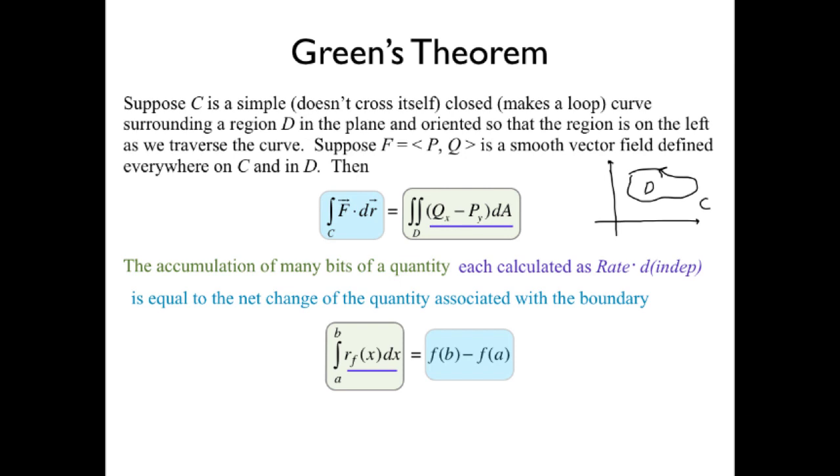So like here it was the final value of the quantity minus the initial value of the quantity. So all you have to do is look at the boundaries of the interval, right? You look at the function value at the end minus the function value at the beginning. And that's kind of analogous to the boundary of our region. So if we do the circulation integral around our region, that's just focusing on the boundary, right? And so the net change around the boundary is the same as the accumulation of bits of change throughout the region. That's what Green's theorem says.